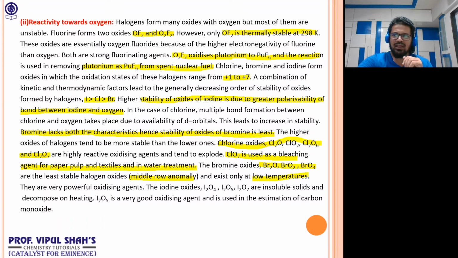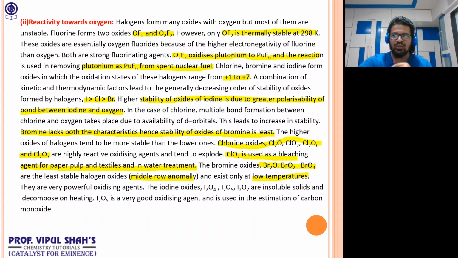Hence they will have a tendency to come close to the nucleus, because if there are no radial nodes it will come nearer to the nucleus. Second, if you look at the 4p orbital, 4p will have how many radial nodes? n is equal to 4, l will be 1, so 4 minus 1 minus 1, which is 2 radial nodes.